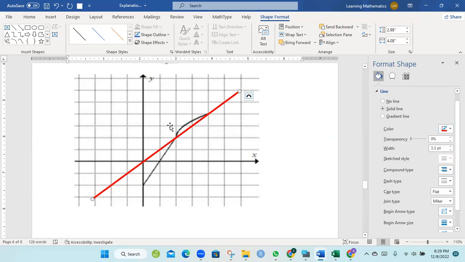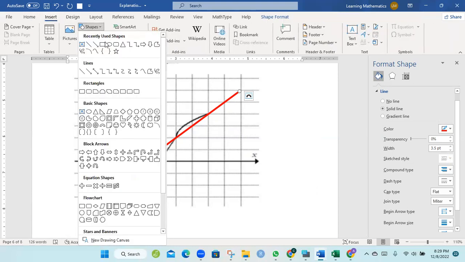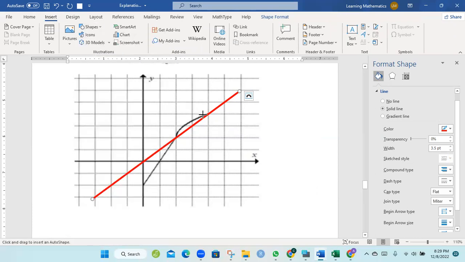Now the inverse will be the opposite to this graph right here. So you can use curves. It will be doing something like this, and then go in the opposite direction, cut in there, and then passing through there, and then going down through here.